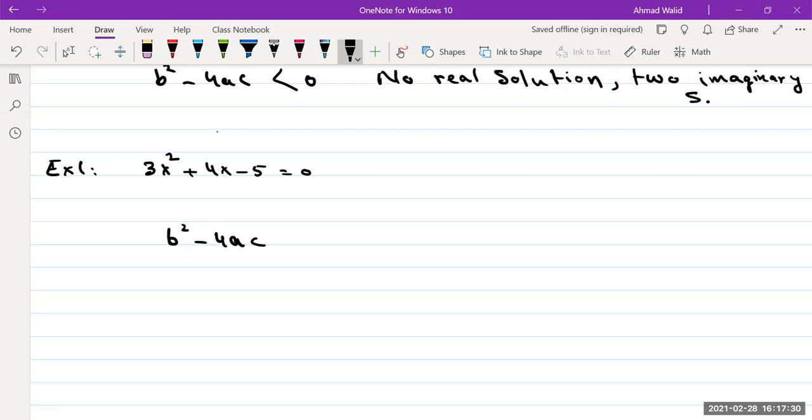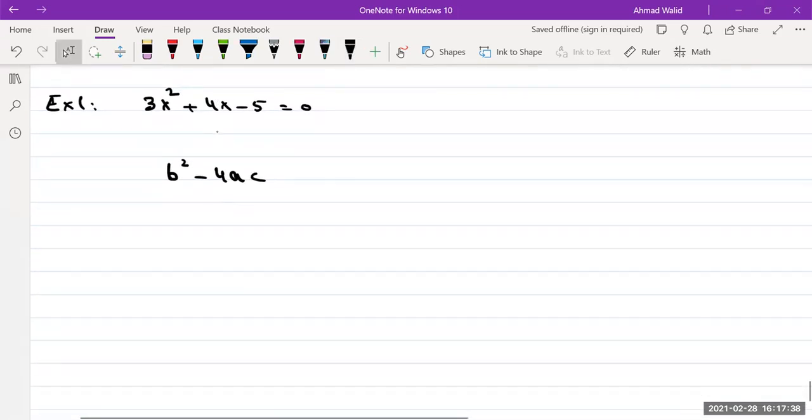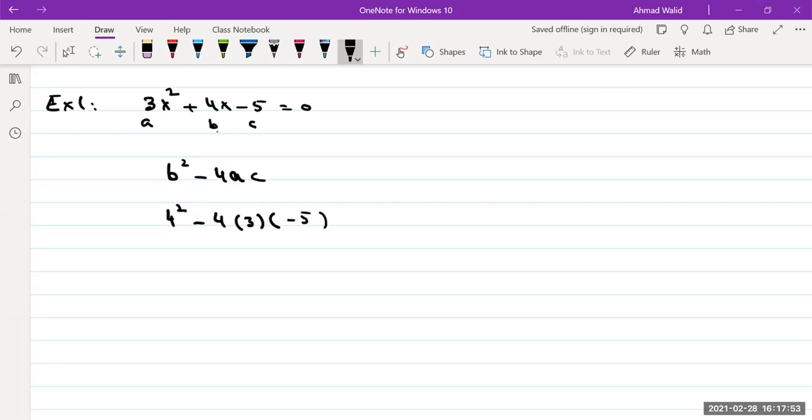Just plug in the numbers here and see which kind of number you get. Your a is 3, your b is 4, your c is negative 5. Then 4 squared minus 4 times a, which is 3, times c, which is negative 5.